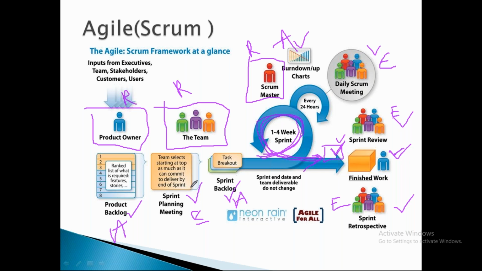Application development goes in shorter intervals: we get small requirements, develop and test and deliver them. Continuous deliveries will be there. Whereas in the traditional models, late development, late testing, late delivery will happen. But in agile, development, testing, and delivery happen continuously.